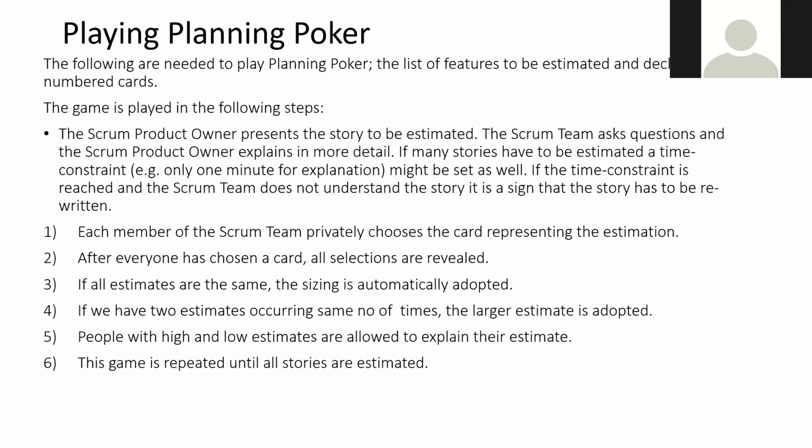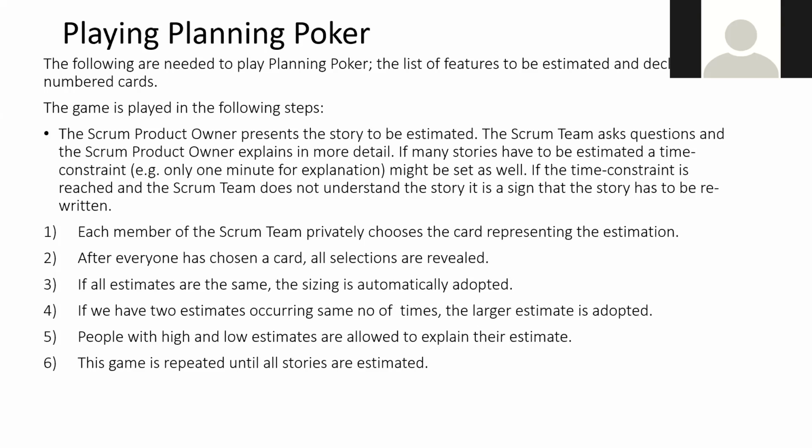But the important point is that before that, we ensure that they don't get to see what is going on behind the cards that have been chosen. So everybody selects privately and places his card privately on the table.